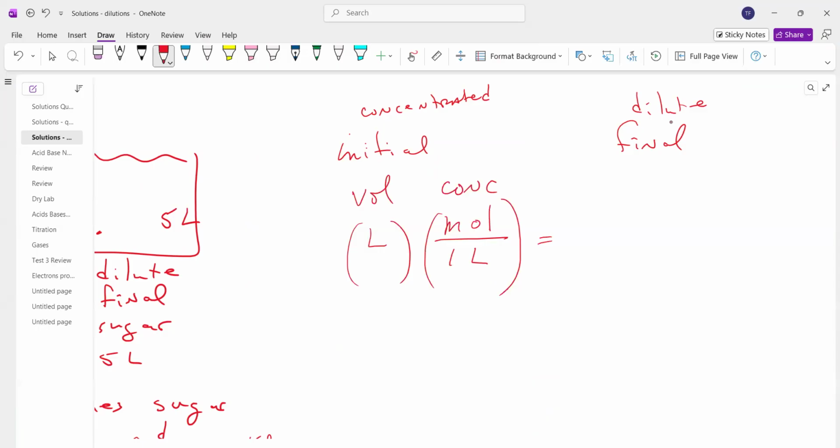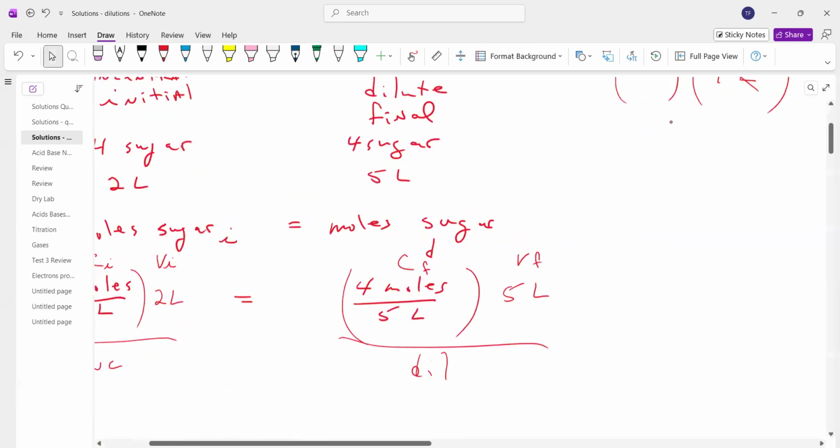What cancels? Liters, exactly. So we end up with moles. So whenever we have concentration and we know the volume, we know how many moles we got. Now it's imperative that you understand moles is the name of the game once again.